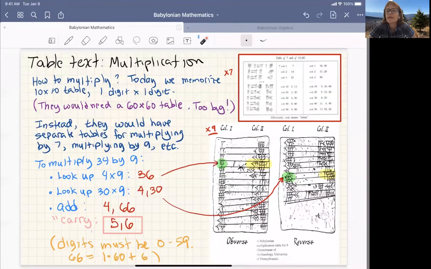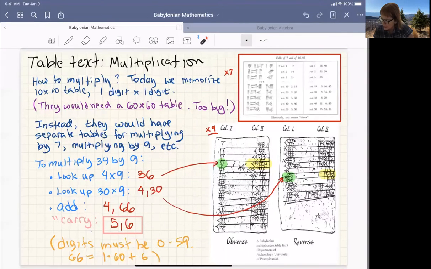So just like in base 10, if you added up the rightmost column and you got 13, you'd write down the 3 and you'd carry the 1, because 13 is 10 plus 3. You'd keep the 3 in the ones column, and then your 10 becomes a 1 in the tens column. Works the same way.